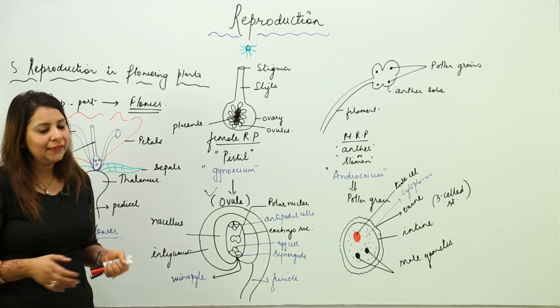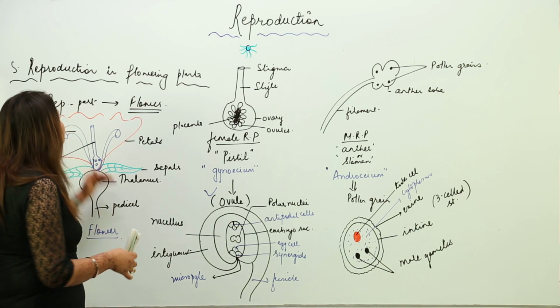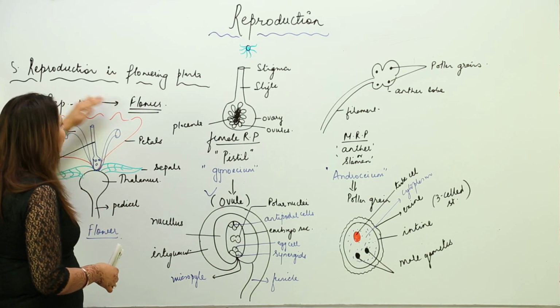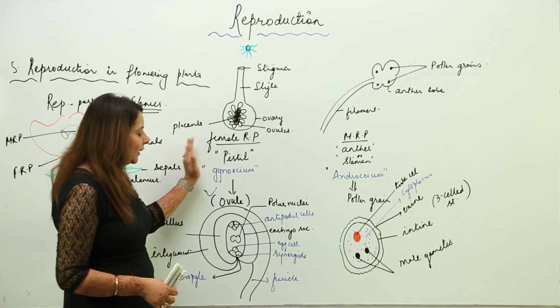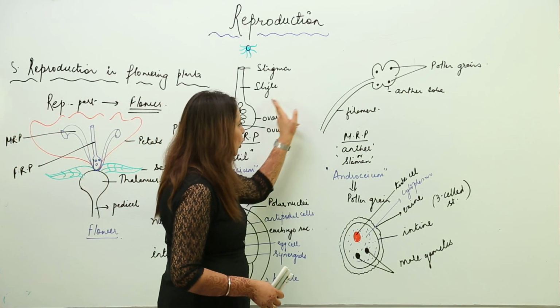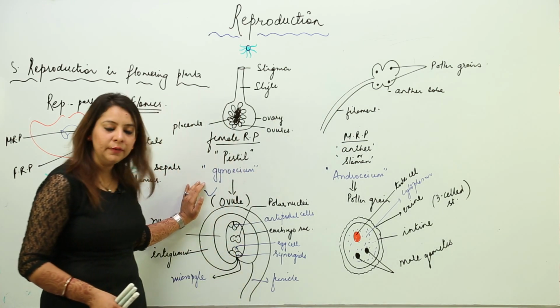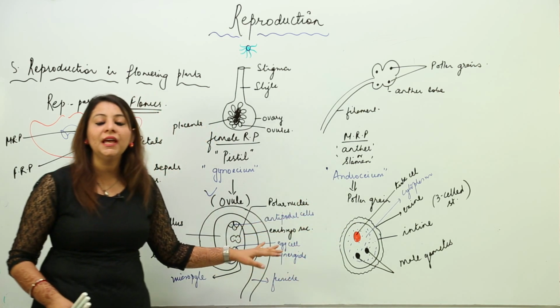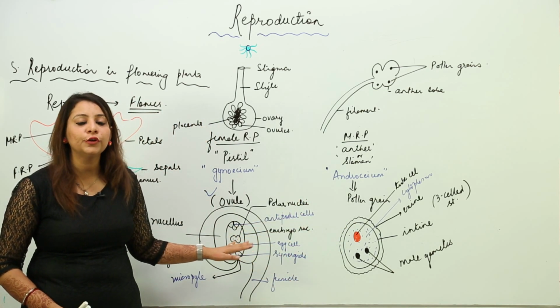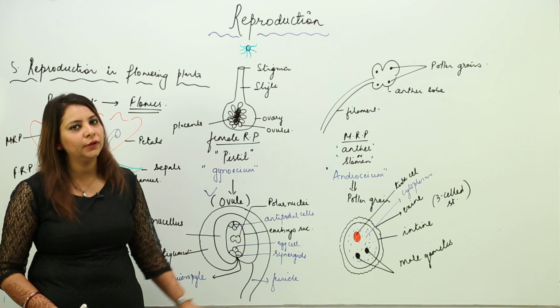If you get a question like this, you need to start your answer by saying that the reproductive part of the plant is the flower, then the structure of the flower, then write the male and female reproductive parts and draw their figures, then write the female gamete and male gamete, draw their diagrams, and mention they are matured. These are the structures for the matured ovule and the matured pollen grain.